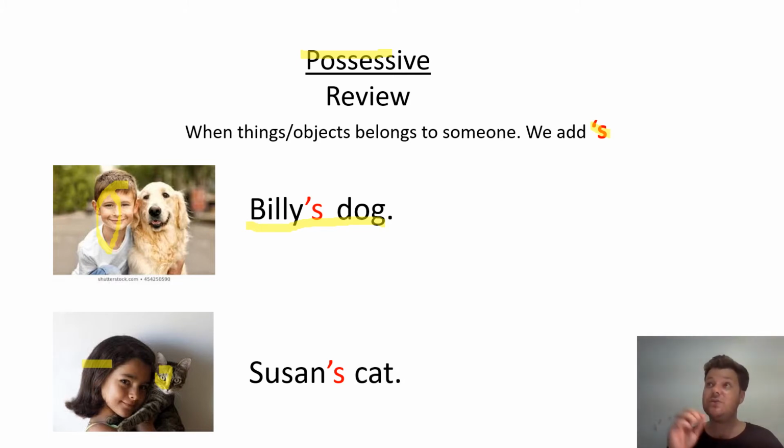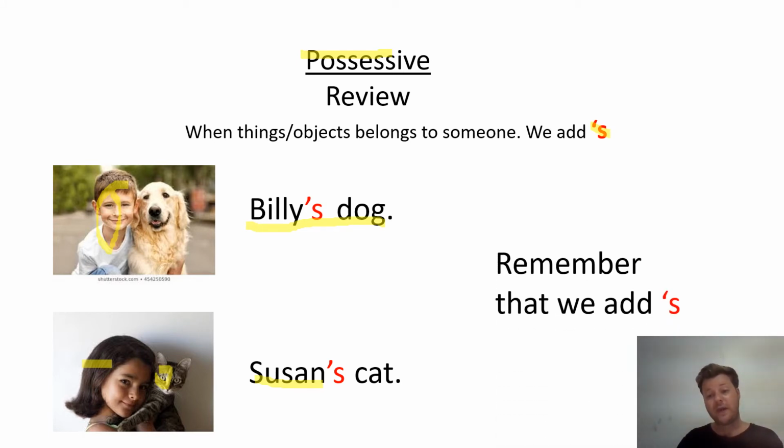This is Susan's cat. Are you going to try and read that with me? Let's go. 1, 2, 3. Excellent. Very, very good. And let's remember, P1, always add apostrophe S. Billy's dog, Susan's cat. Well done.